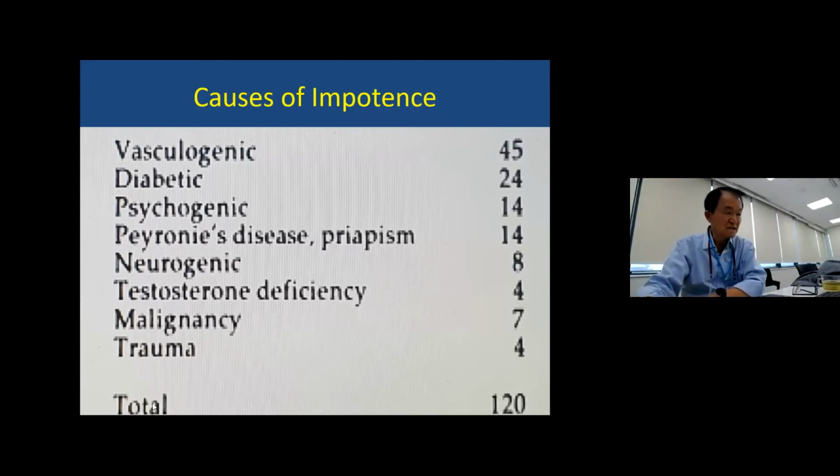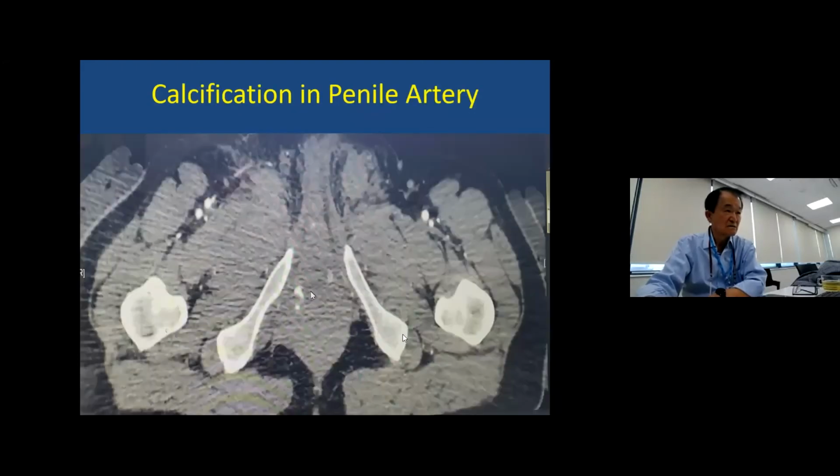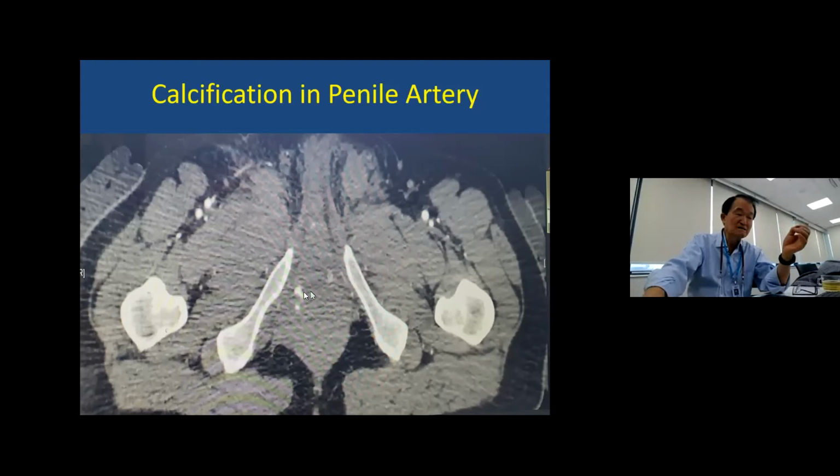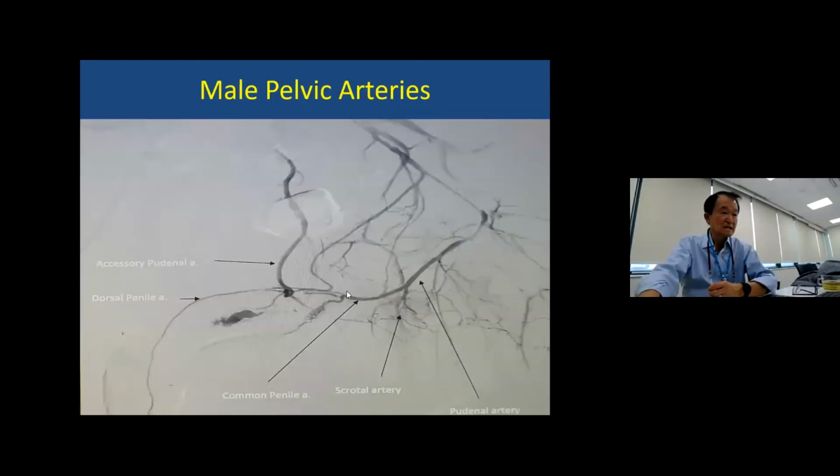Besides all this, malignancy and trauma are more likely exceptions. We often see calcification in the penile arterial system. Calcification, as I said earlier, is an atherosclerotic process, ruptured thrombi, and then calcium fibrin deposit. It's a blockage.